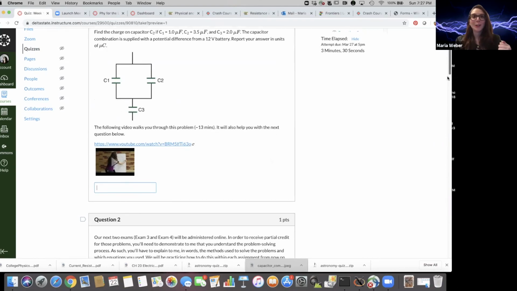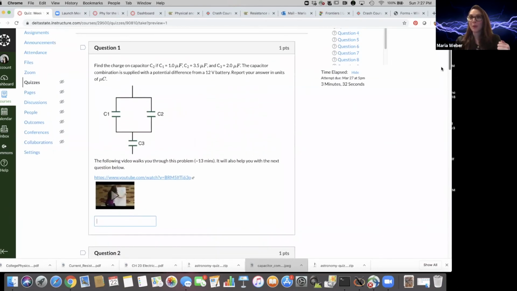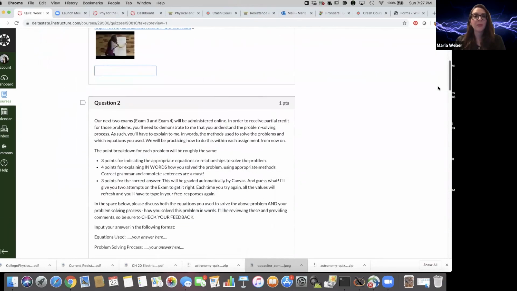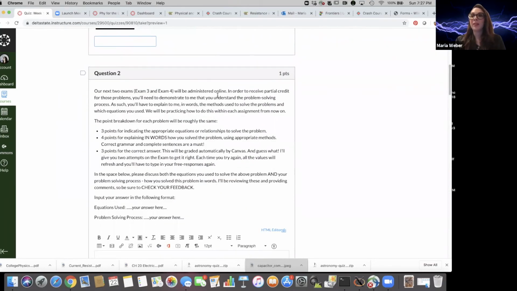So that's a standard homework type question. Now, there's a new component to some of these problems, and there's a new component to this first one in particular. And so let me read this here. Our next 2 exams, exams 3 and 4, will be administered online. There's no way around that.